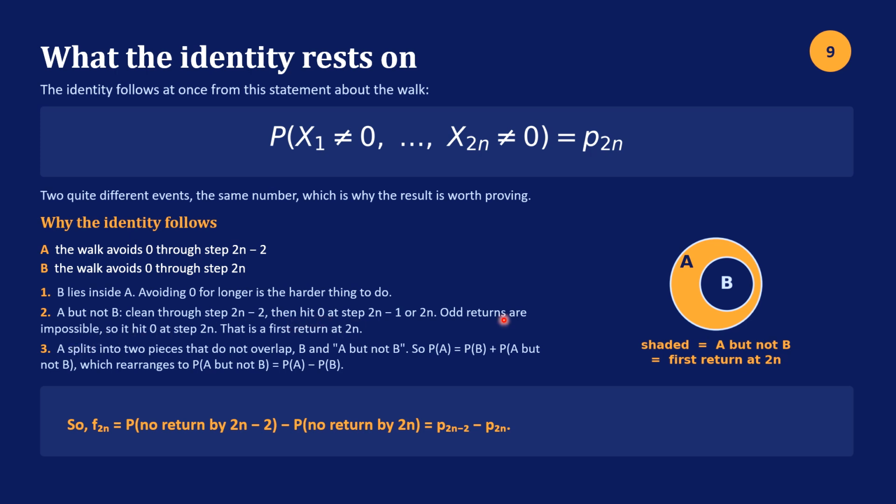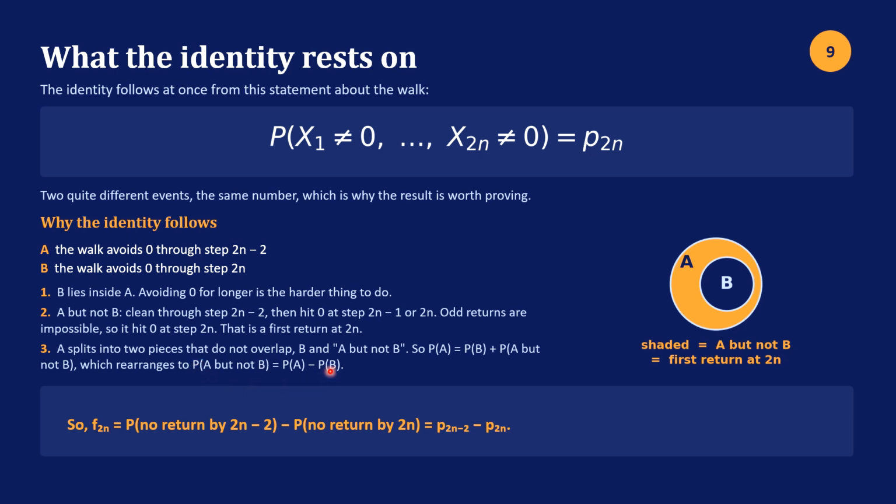So A, the outer circle here in the Venn diagram, splits into two pieces that do not overlap. B inside here, and then A but not B, which is the orange. And so we have the probability of A equals the probability of B plus the probability of A not B. That's just saying this outer probability is equal to B plus the orange, which is A not B.